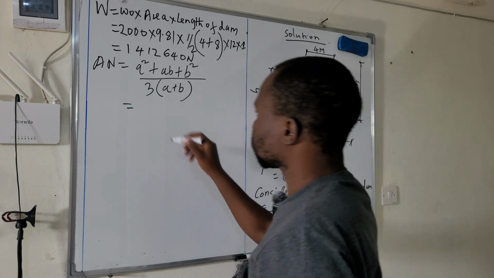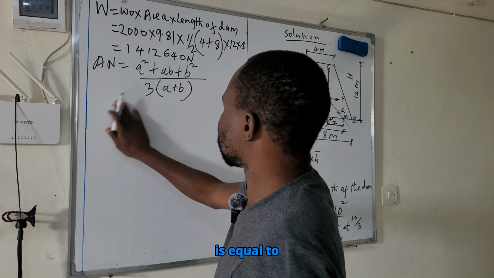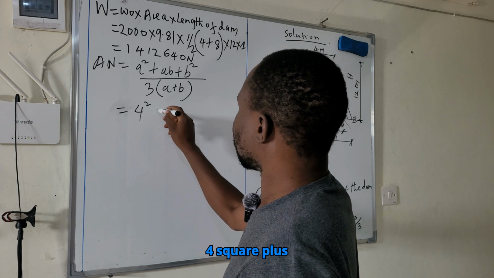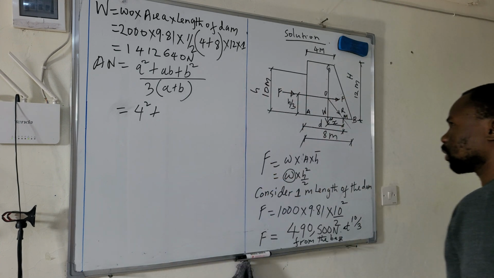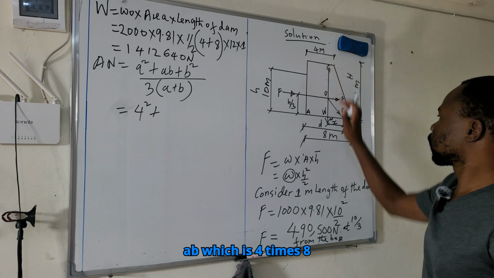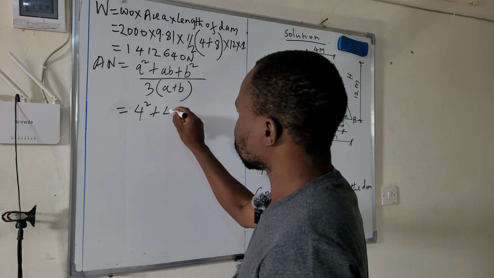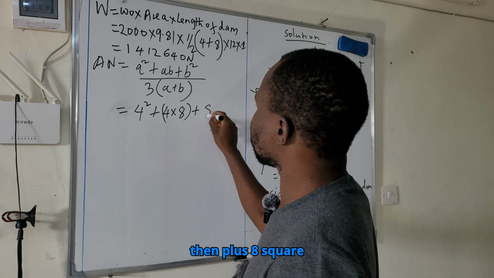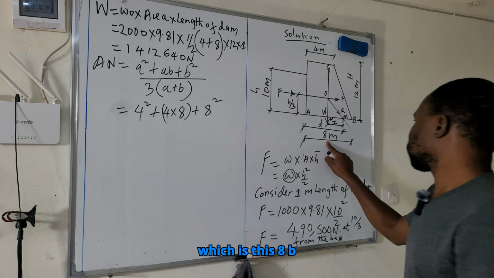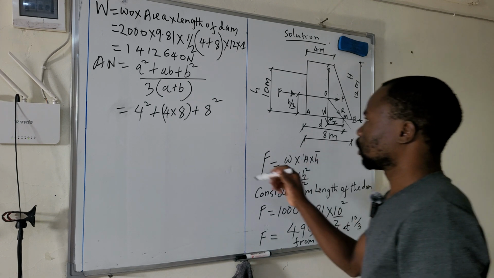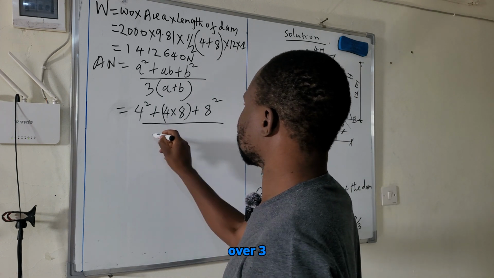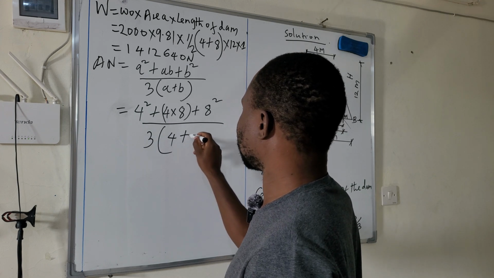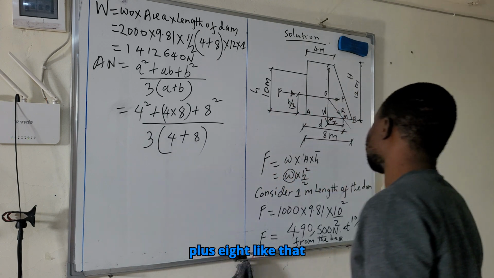So AN is equal to 4 squared plus AB, which is 4 times 8, then plus 8 squared, over 3 into bracket 4 plus 8, like that.